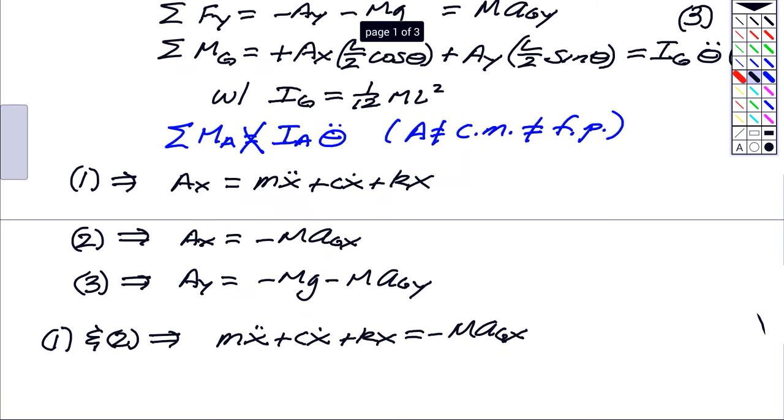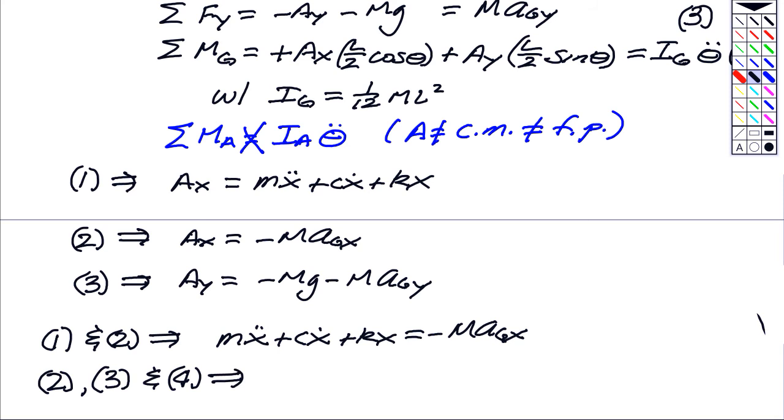If I combine equations 1, no, let me change my mind on that. If I do equation 2, equation 3, and equation 4. Equation 4 is that moment equation up there.